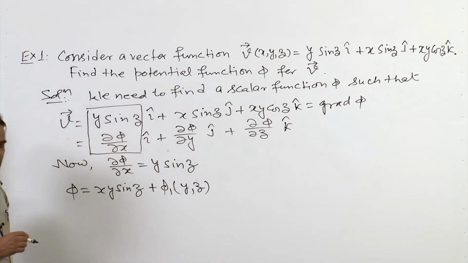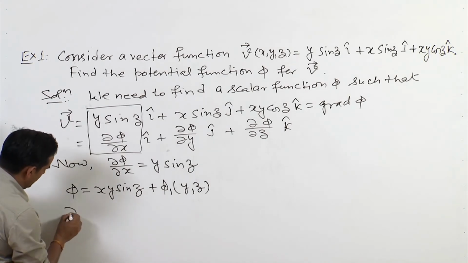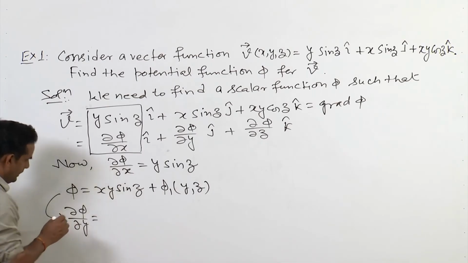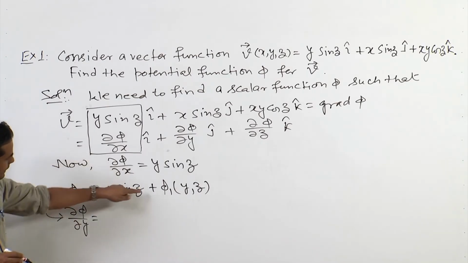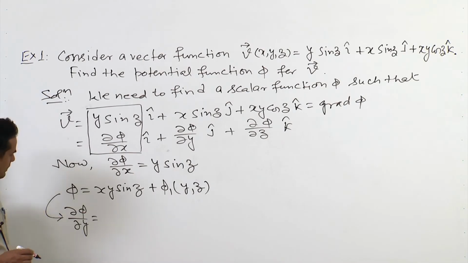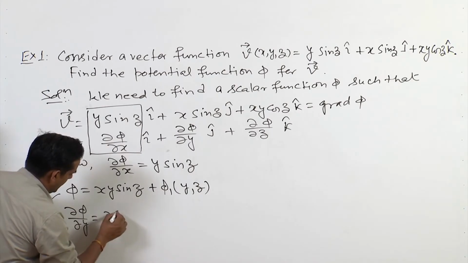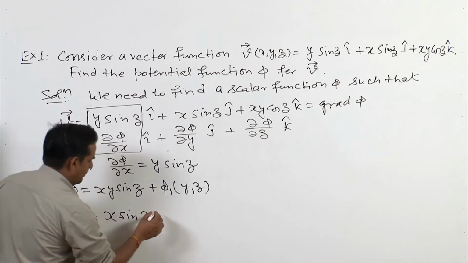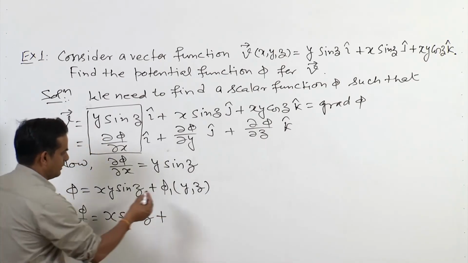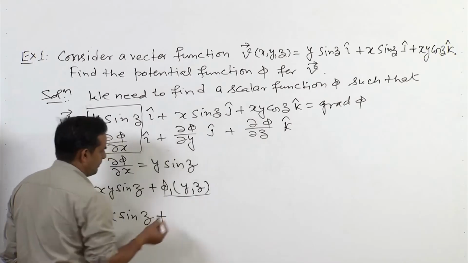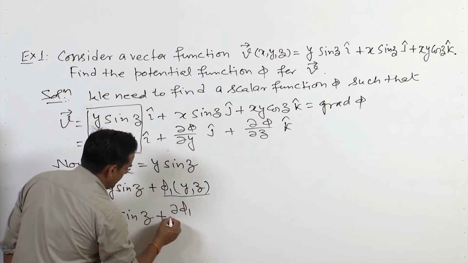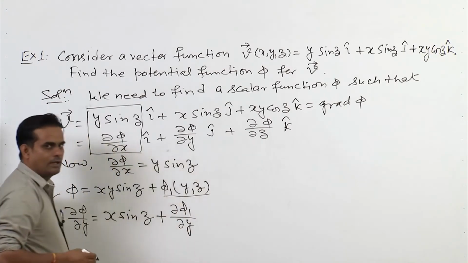Now, if I calculate del phi over del y from here, means I differentiate it partially with respect to y, then del phi over del y will become x sin z plus the partial differentiation of phi 1 with respect to y, that is del phi 1 over del y.